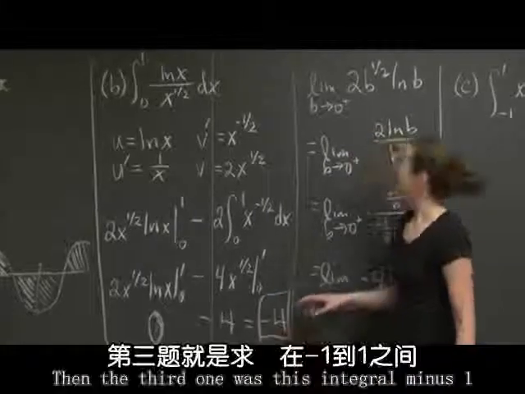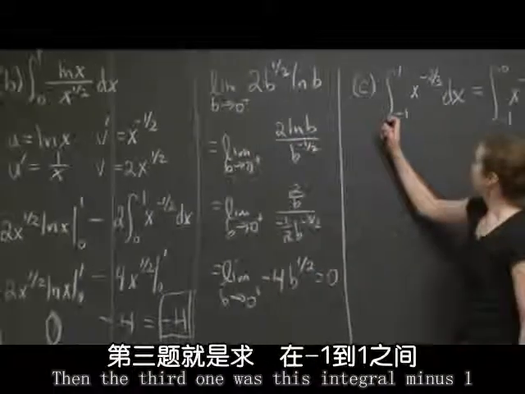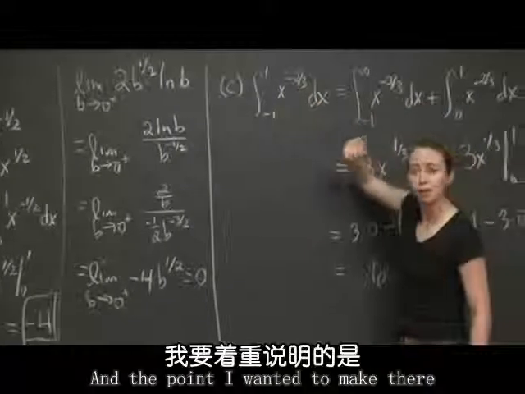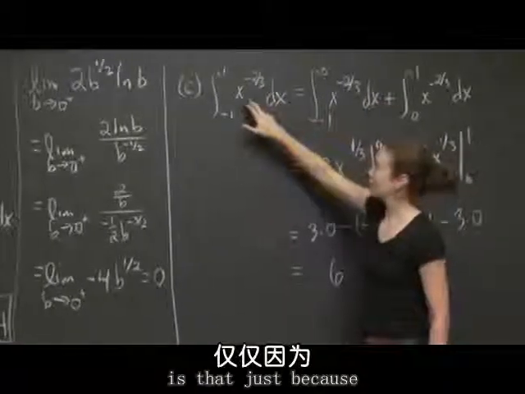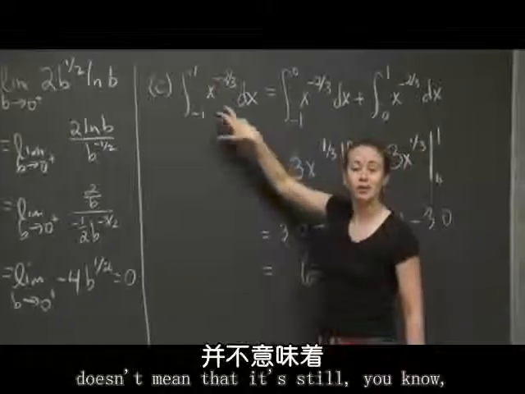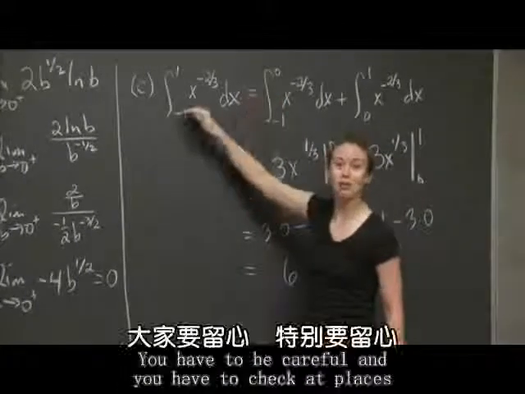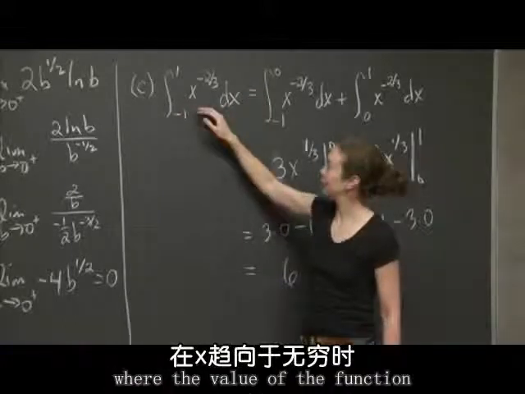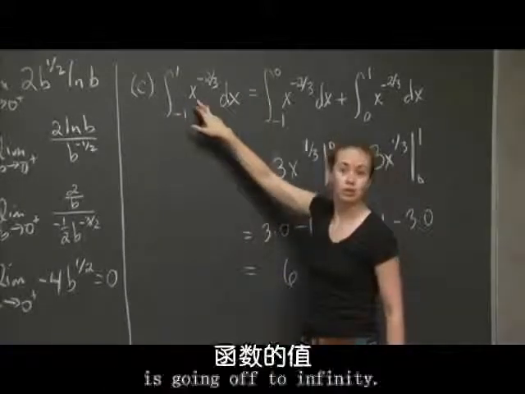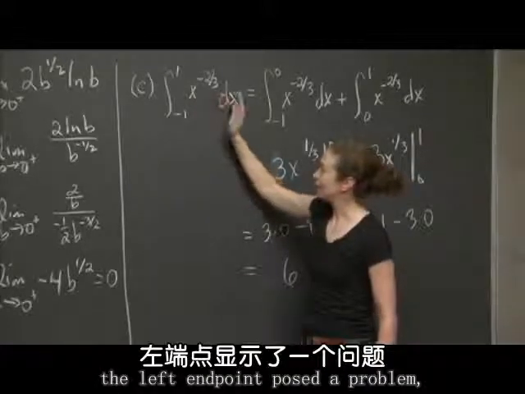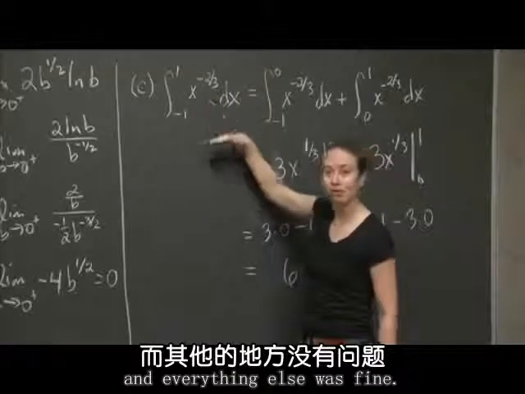And then the third one was this integral from -1 to 1, x to the minus 2/3 dx. And the point I wanted to make there is that just because the function is well behaved near the endpoints doesn't mean that everything's hunky-dory. You have to be careful, and you have to check at places where the value of the function is going off to infinity. So in the second case, the left endpoint posed a problem, and everything else was fine.